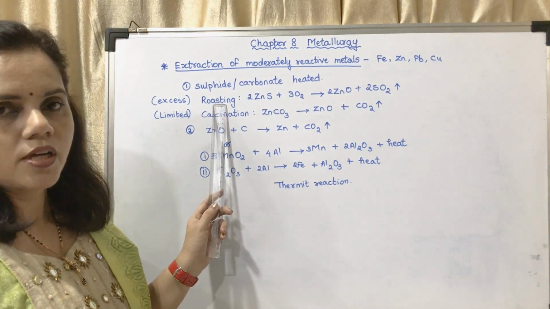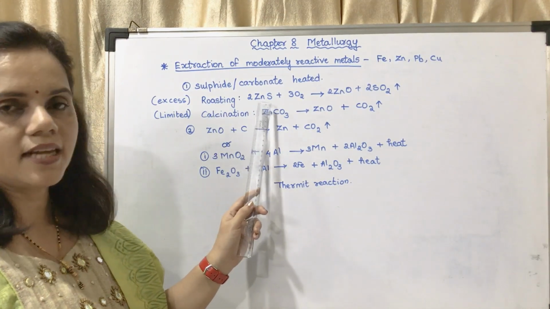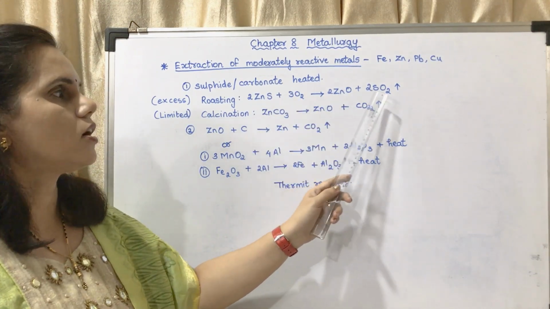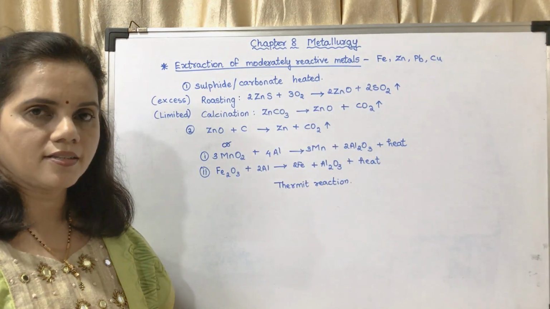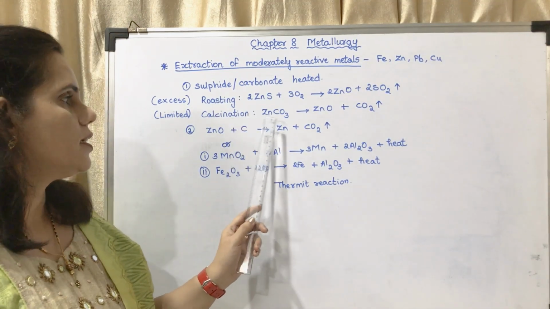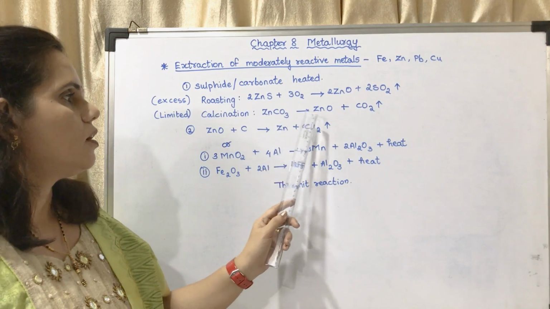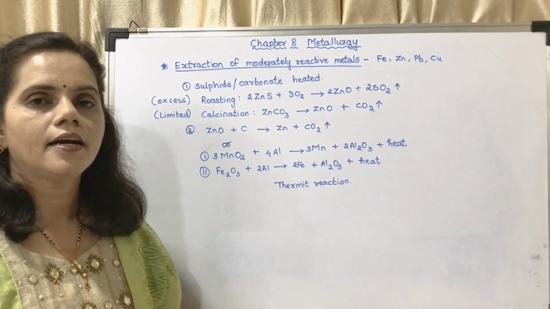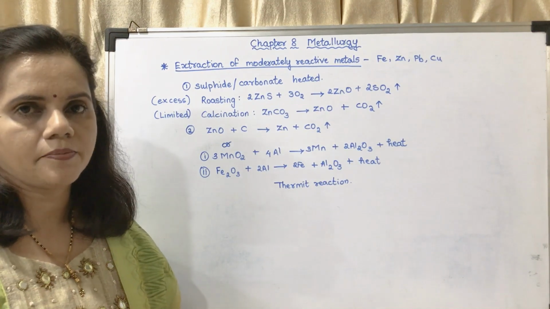At the time of roasting, for example, zinc sulfide will react with oxygen to form zinc oxide and sulfur dioxide gas. At the time of calcination, zinc carbonate will undergo decomposition to form zinc oxide and carbon dioxide gas.